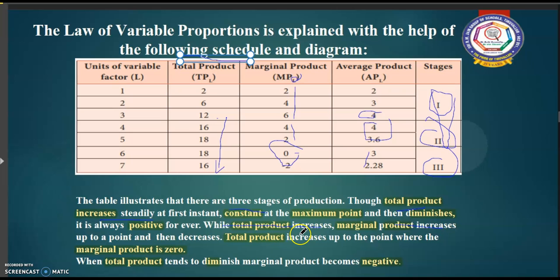While total product increases, marginal product increases up to a point and then it decreases. Total product increases up to the point where the marginal product becomes 0. So when total product tends to diminish, marginal product becomes negative here.